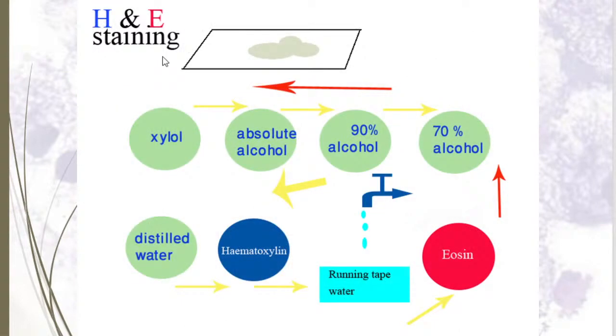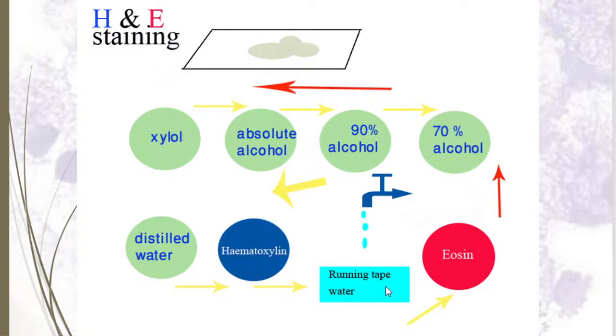After sectioning, again xylol, absolute alcohol, 90 alcohol, 70 alcohol, distilled water. After that, we add hematoxylin, a special histological stain, a basic stain of alkaline nature.